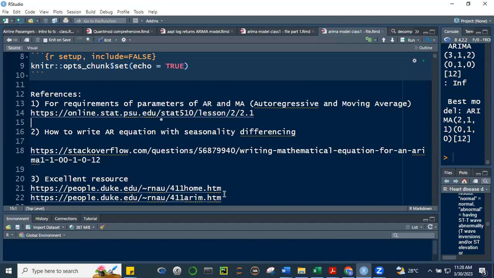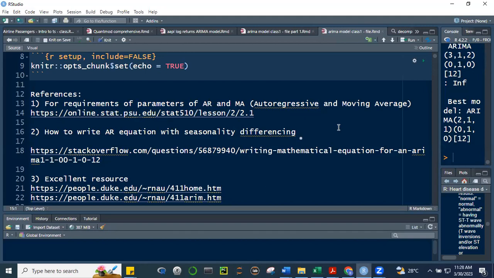Okay, there are many references that we can use for time series. And as we said, the model that we're going to use is the ARIMA process, autoregressive integrated moving average. So the concept is quite easy. When you say autoregressive, you are modeling the time series based on its own values.